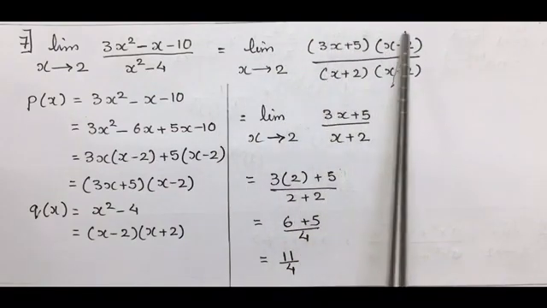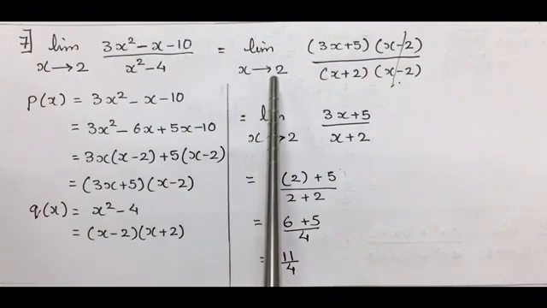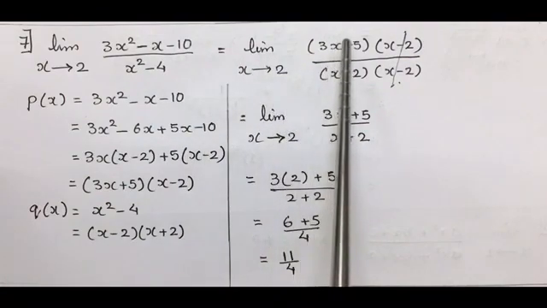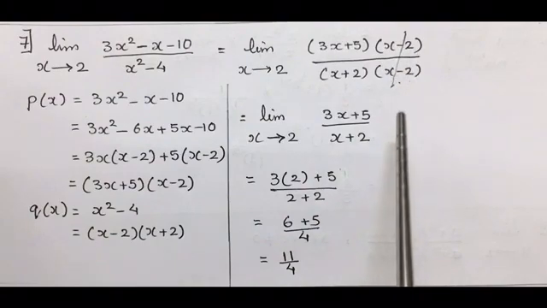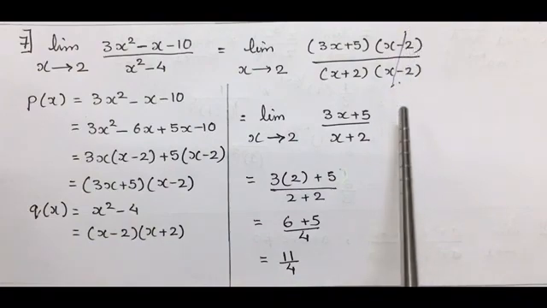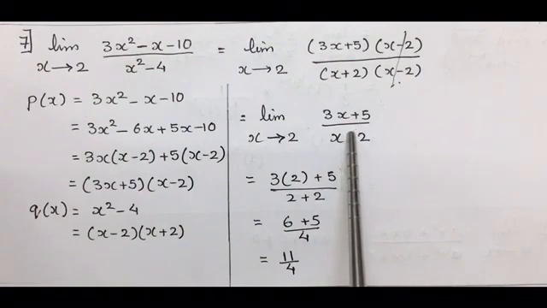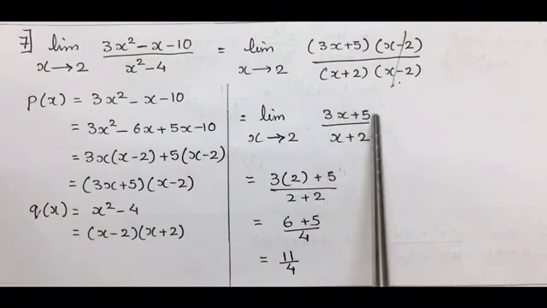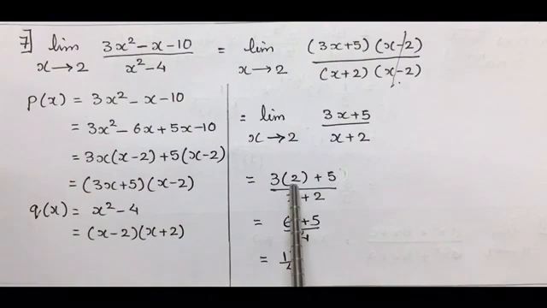Now substituting the factors in the limit, both for numerator and denominator, x minus 2 will get cancelled. Once x minus 2 gets cancelled, then whatever is remaining, in that we have to substitute the value of x as 2.